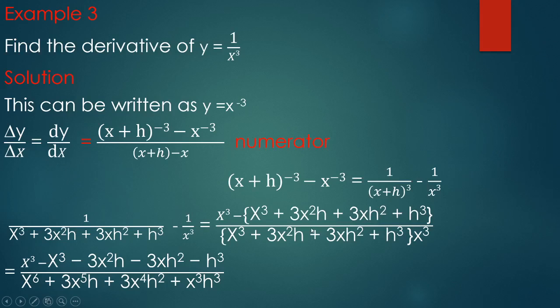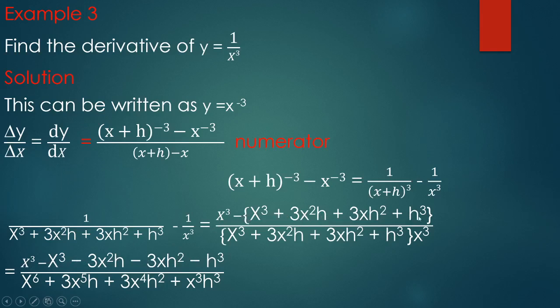We close the bracket. Now, if you open the bracket, it will be x cubed minus x cubed, because this minus changes all these pluses into negatives. So it will be x cubed minus x cubed minus 3x squared h minus 3xh squared minus h cubed.